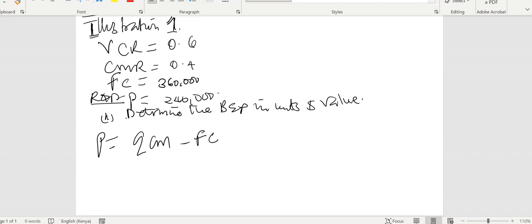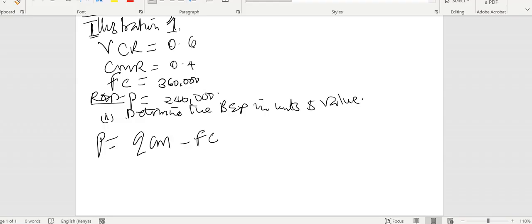The CM, contribution margin ratio is 0.4.